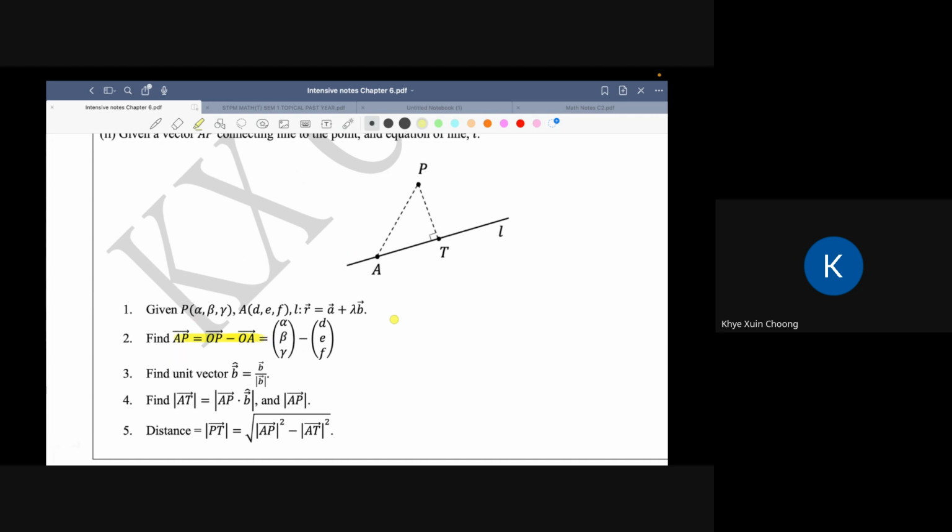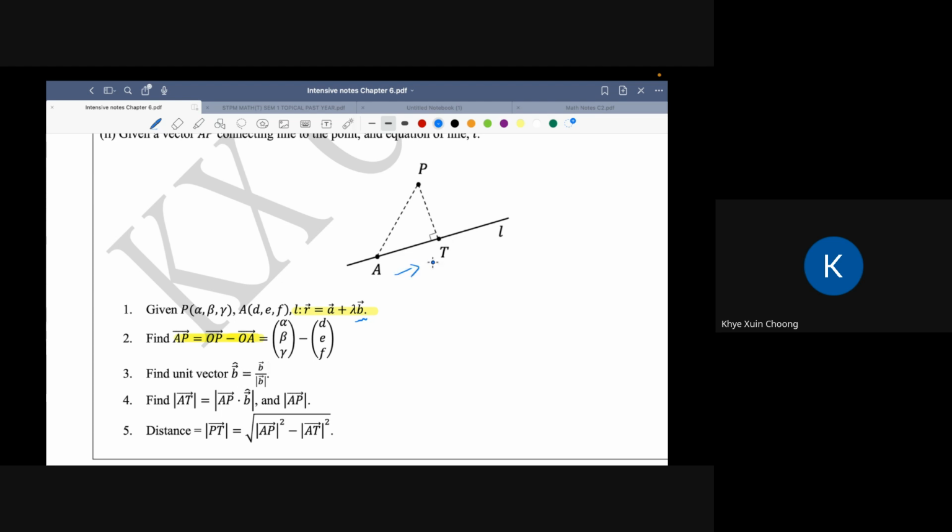So let's say you have AP and you have the equation of the line. How should I find PT? The idea is like this. Because you have the direction vector of the line, which is B, you need to find the unit vector of B first.